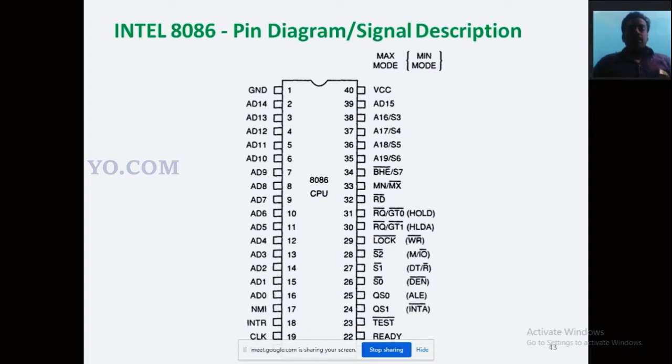What is dual in-line? Dual in-line means a two-line package. The pins are arranged in parallel along each line. Here on a single side we have 20 pins, so totally we have two lines, making 40 pins.